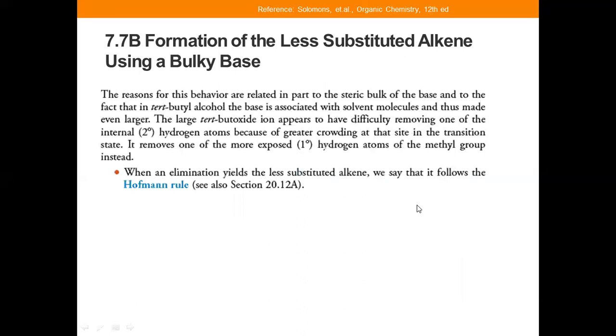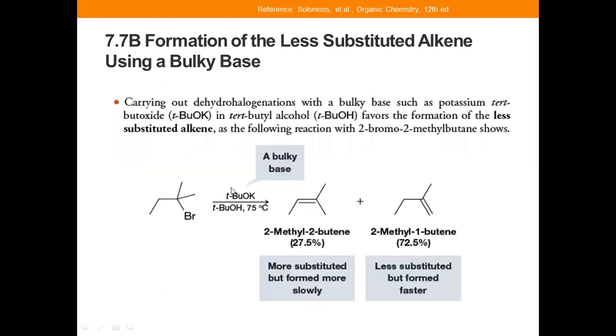When we have this kind of reaction, we say that it follows the Hofmann rule. The reason for this behavior is related in part to the steric bulk of the base, since you have a bulky base here.